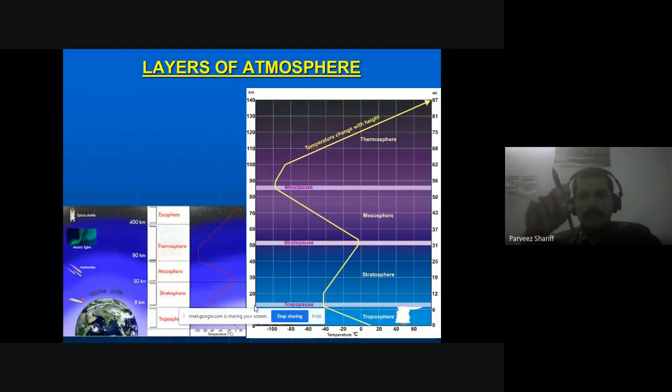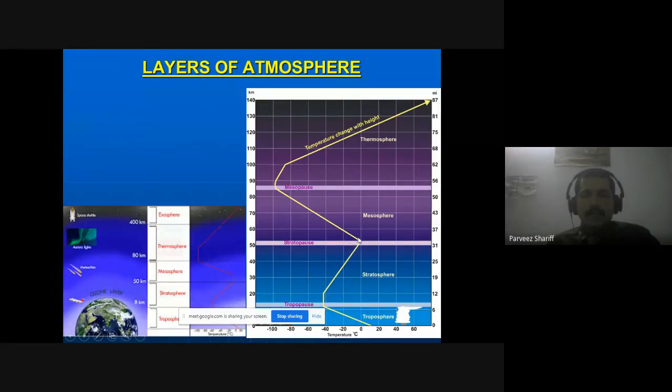To a certain extent in the troposphere, the tropopause is the region between the troposphere and the stratosphere, where if we go higher in altitude, the temperature remains constant. Then in the stratosphere, the temperature may remain constant or increase slightly.